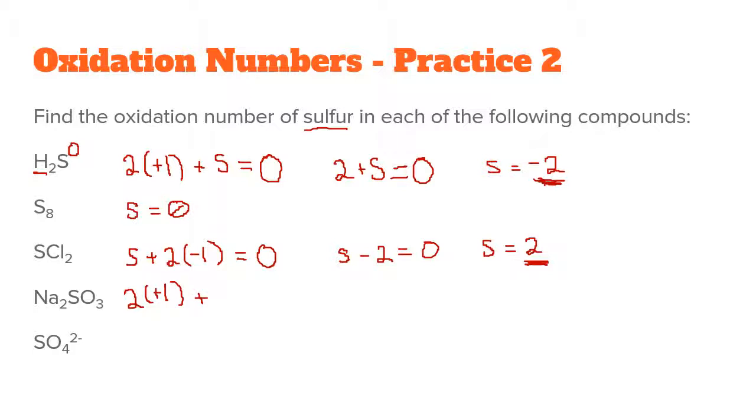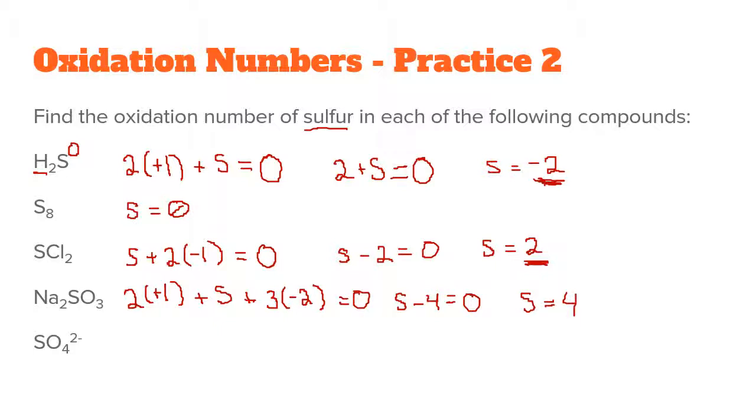Add to that whatever the sulfur is, and now we also have a rule for oxygen, that it almost always has a -2. Now we've got 3 oxygens times that -2 oxidation state equals 0. And if you add that all up, 2 minus 6, you get sulfur minus 4 equals 0. So the oxidation state on the sulfur has to be a +4.